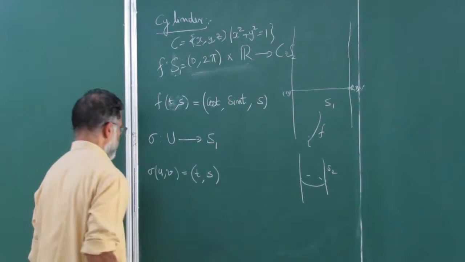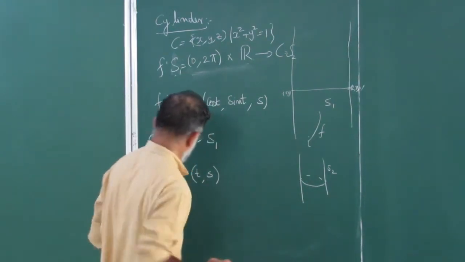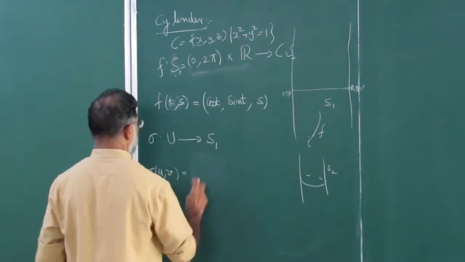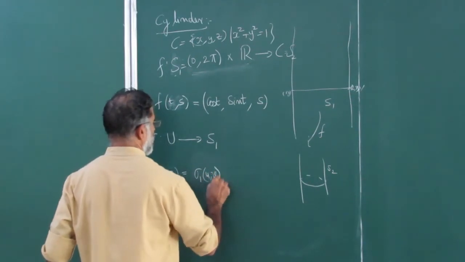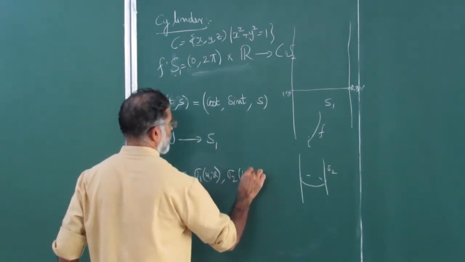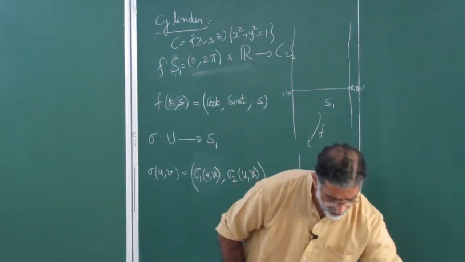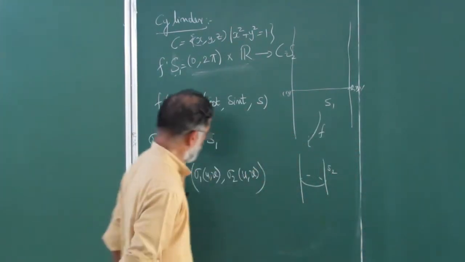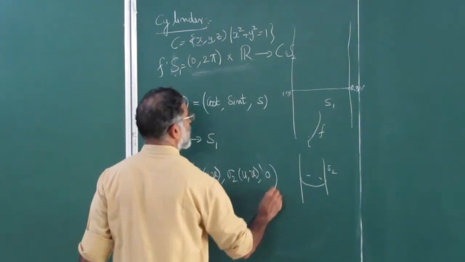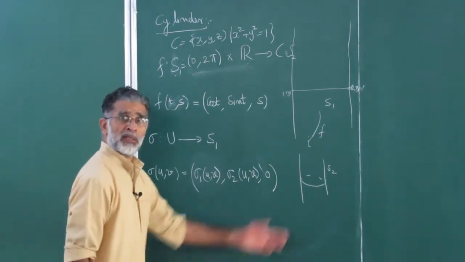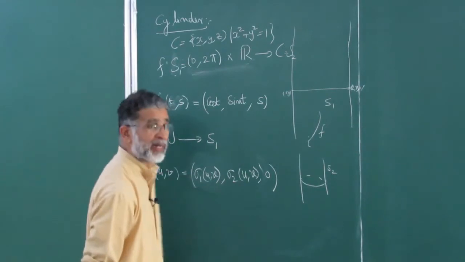You can write it as sigma 1 u comma v, sigma 2 u comma v. If we want, we can write it separately, that doesn't matter. And for niceness, let us put this in R3 by putting the third coordinate 0, so that you don't have to worry. It's also a surface embedded in R3.